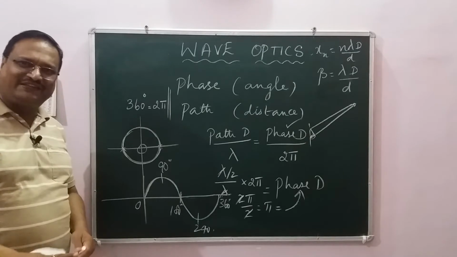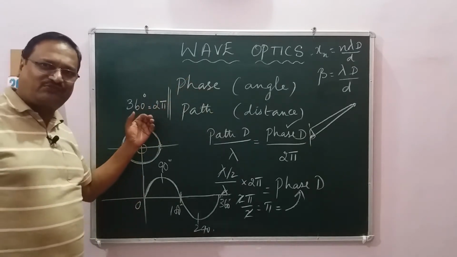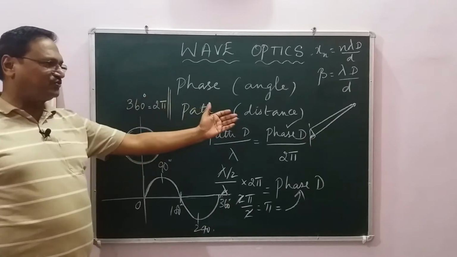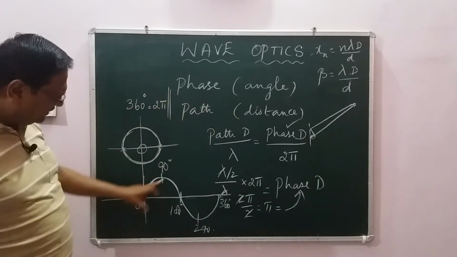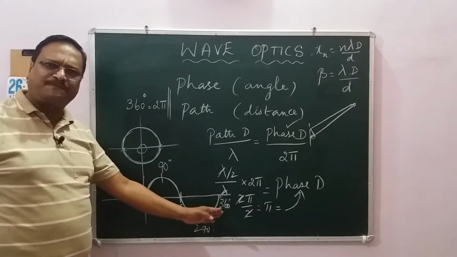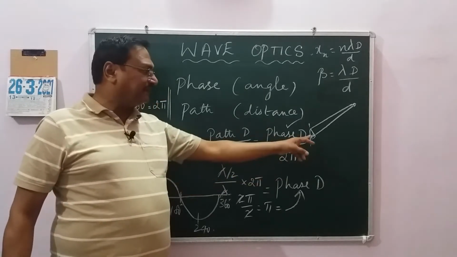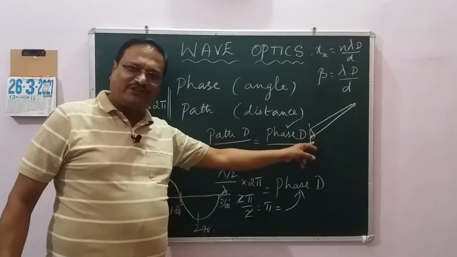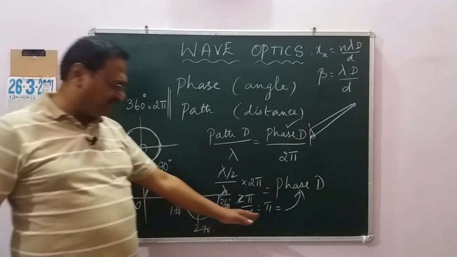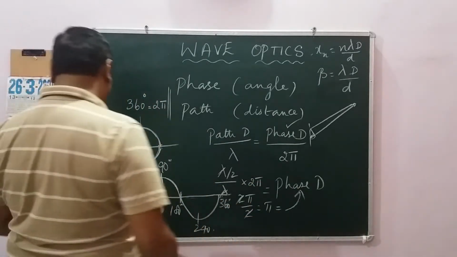Keep this in mind: the phase refers to angle, path refers to distance in a wave. So this is the whole significance. 90, 180, 270 and 360, all of them are within 2 pi. So when you say a path difference of lambda by 2, it means the phase difference will be equal to pi. So you can use this in the numericals.